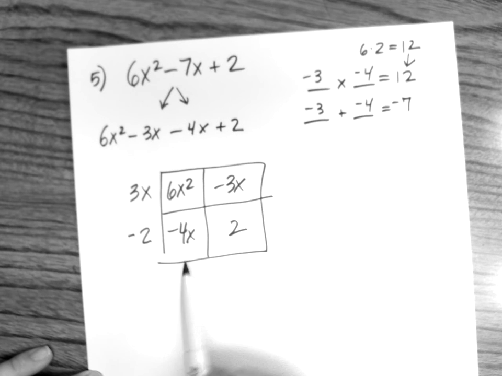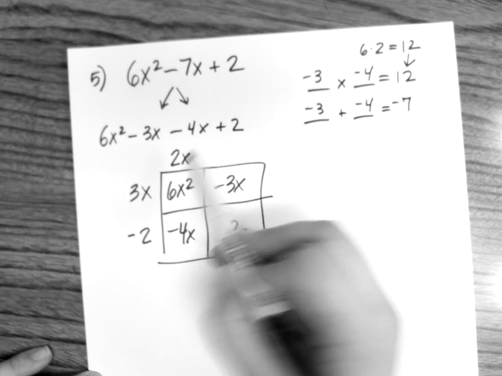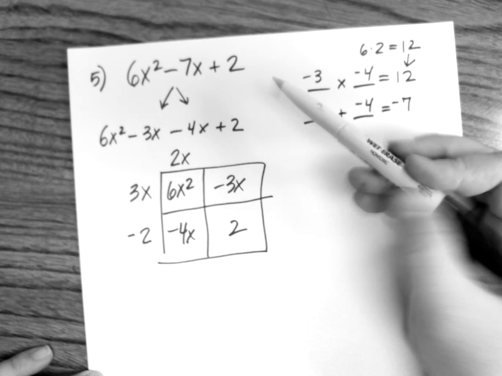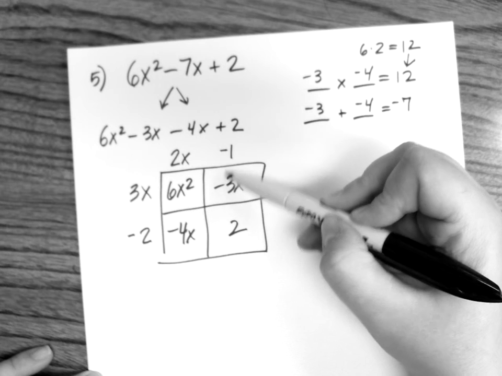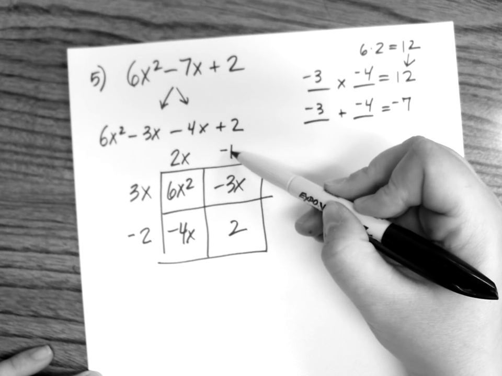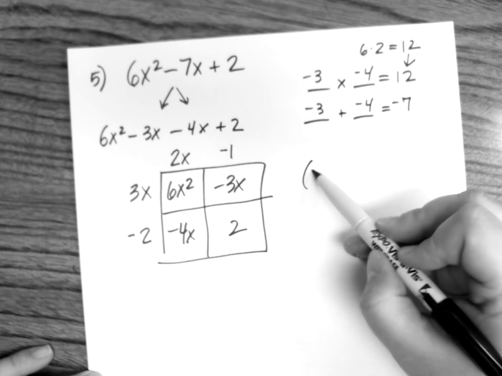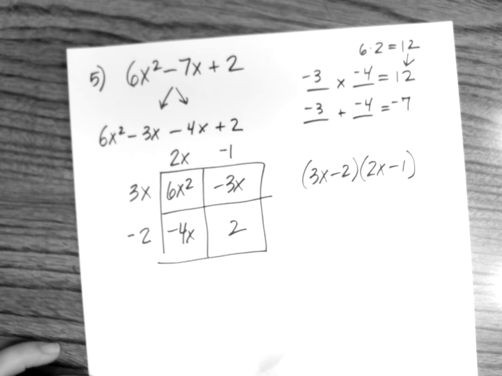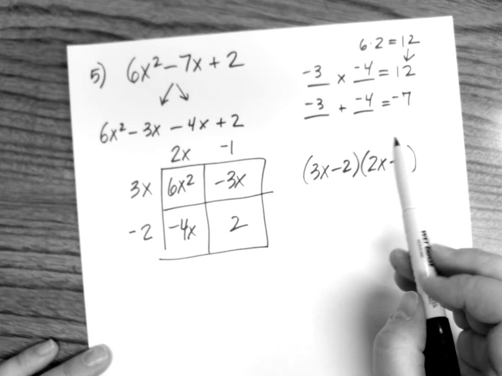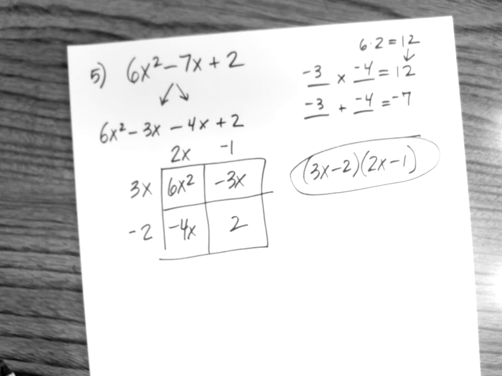Greatest common factor of that first column, 2x. Greatest common factor of the second column is just 1. But again, there's a negative in the closest box to me, so I'm going to take it with me. So my answer is 3x minus 2 times 2x minus 1. Remember, you could FOIL to check your answer. I'm just so darn confident I don't need to. Haha.